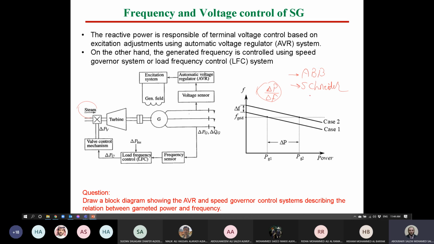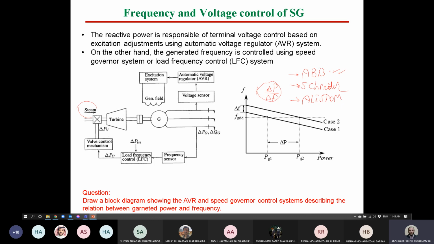Like Alstom, like that I believe. Many companies are producing these devices for power plants. I will share with you, I believe, something related to the ABB company.